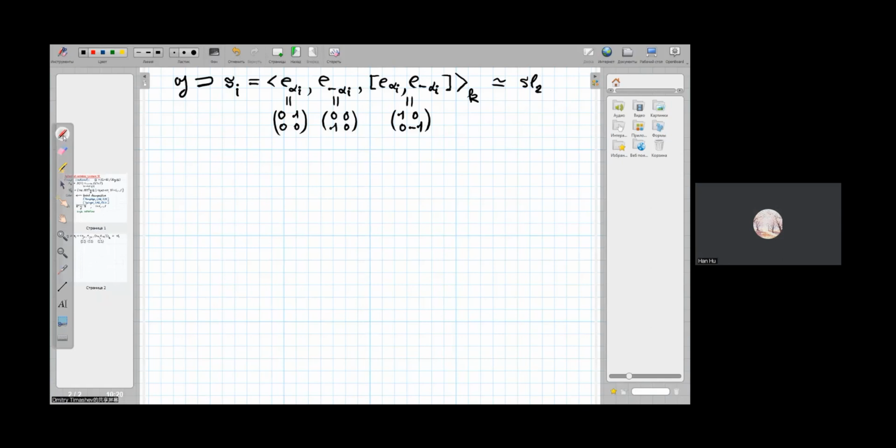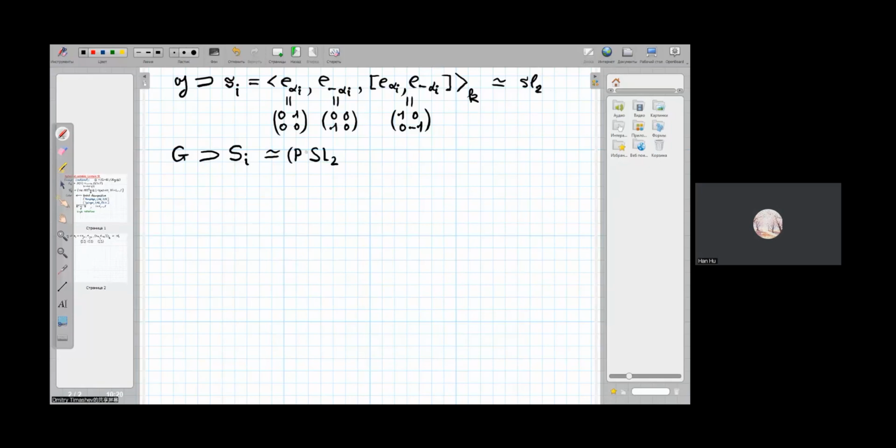Okay, so to this simple three-dimensional Lie subalgebra Si, there corresponds a three-dimensional algebraic subgroup, which I denote by capital Si. So our G contains the three-dimensional algebraic subgroup Si, which is isomorphic either to SL2 or PSL2.